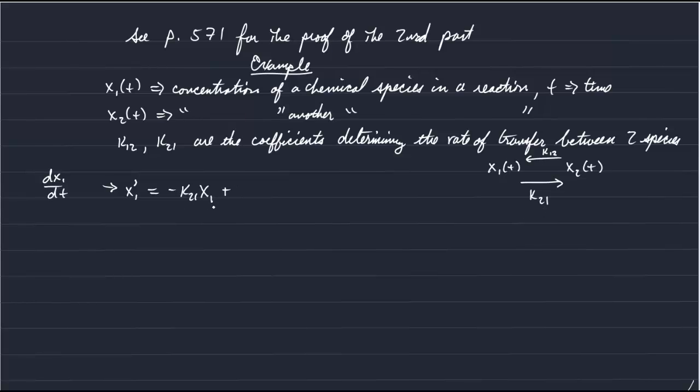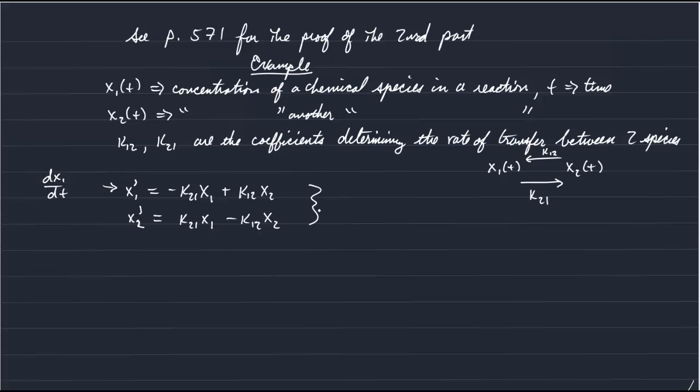So that's a loss of x1, but there's a gain of x1 by a transfer from x2. And a similar equation can be written for the rate of change in x2 as a function of t, the rate of increase in x2. That being k21 times x1 minus k12 times x2. This is the gain of x2 from x1 and the loss of x2 due to the transfer to x1.